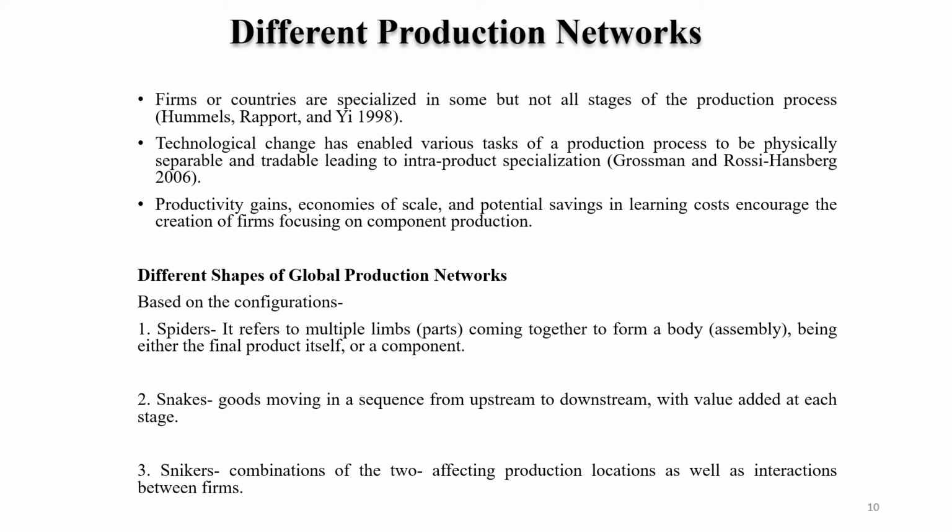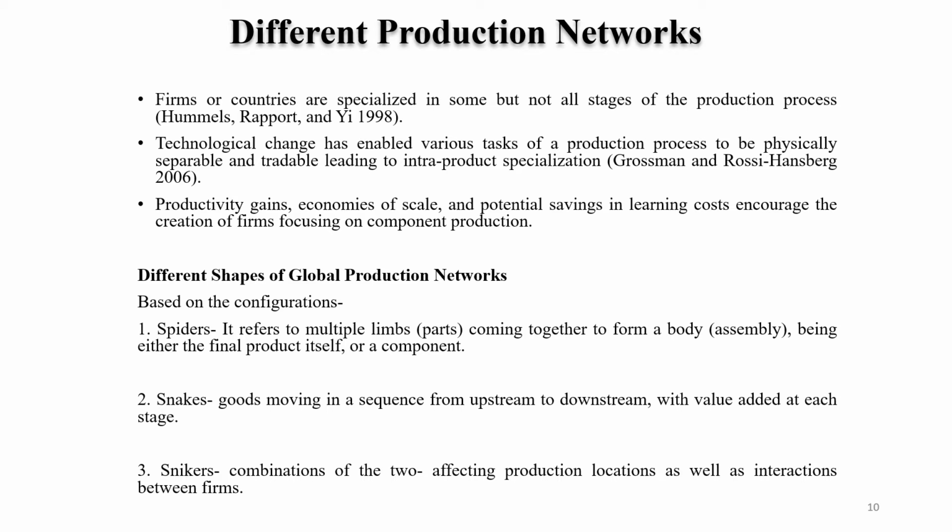So one simple way of describing this is a kind of configuration, or rather figurative configurations, like spiders or snakes. In case of snake, it is basically a sequencing of activities upstream and downstream. In case of spider, just like a spider, it is multiple limbs coming together to form a body.